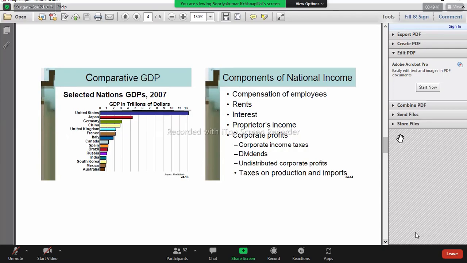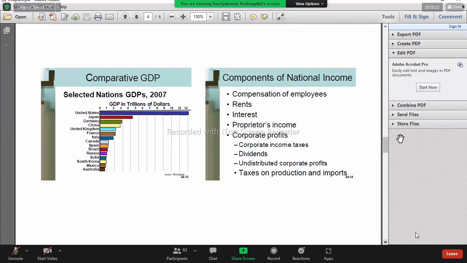Some profit they keep for the expansion of business, further development and investment. That is undistributed corporate profit.